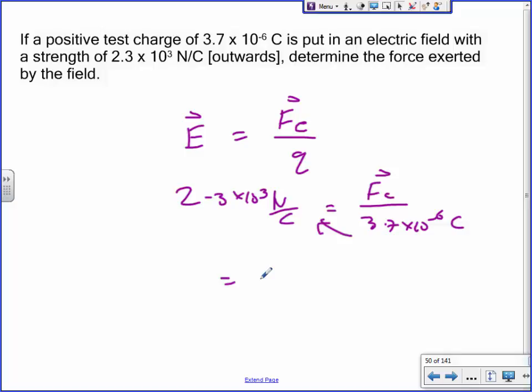I got 8.5 times 10 to the minus 3. Awesome. The unit will be newtons.